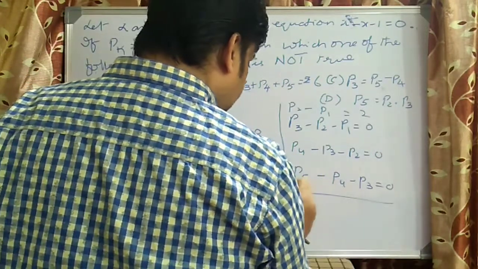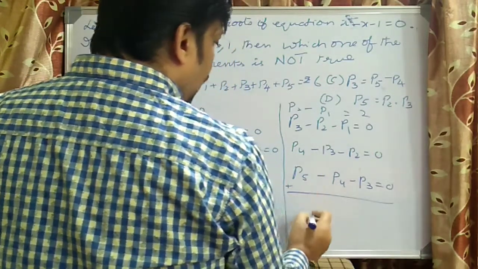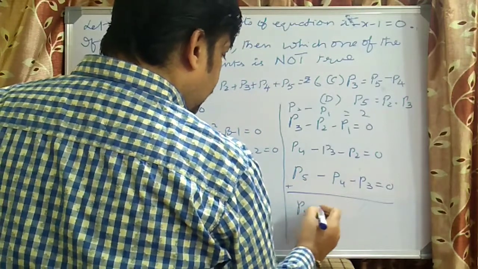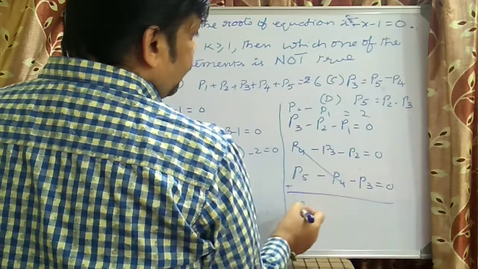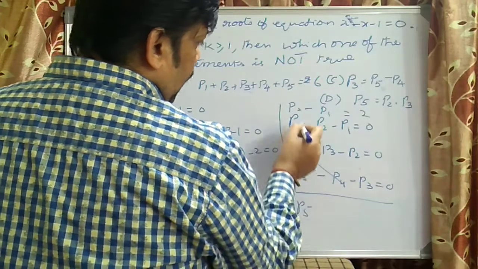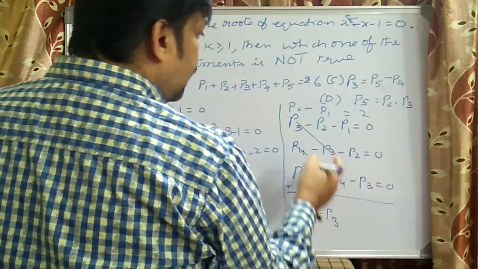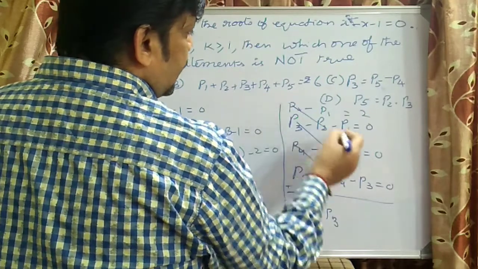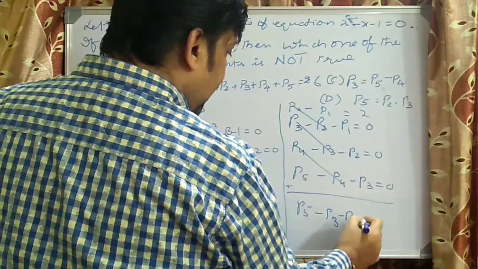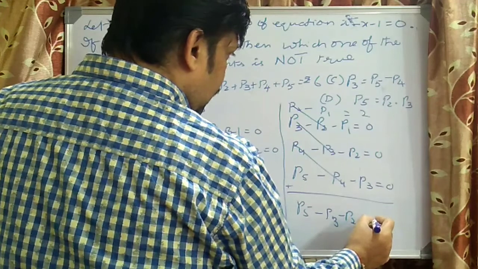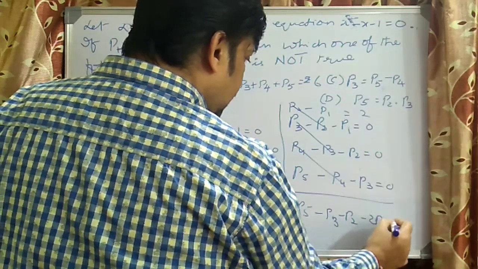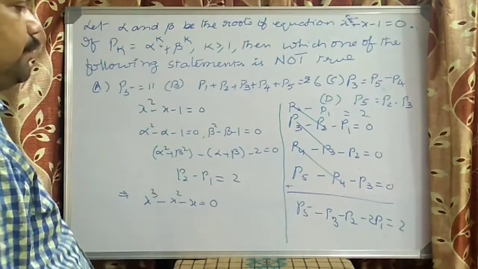Adding all these equations, I have got P5. Now P4 cancelled, one P3 is cancelled, one minus P3 is remaining, and one P2 is cancelled, one minus P2 is remaining, minus 2 P1 is equal to 2.